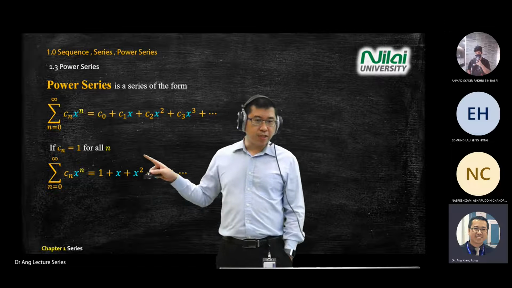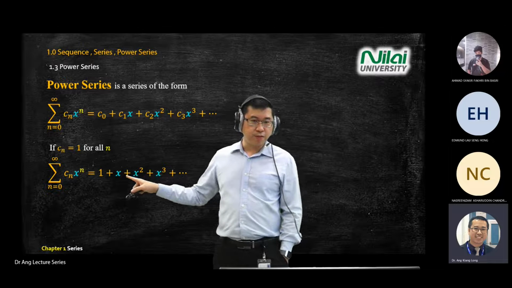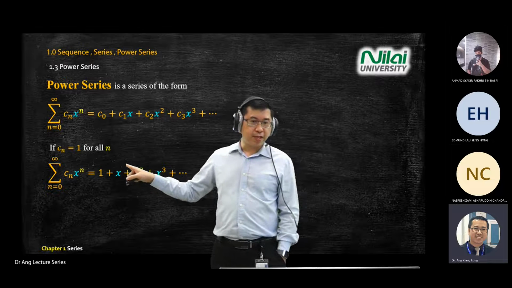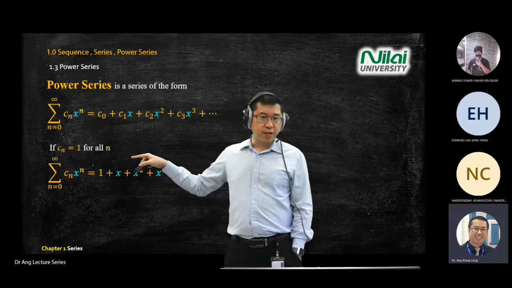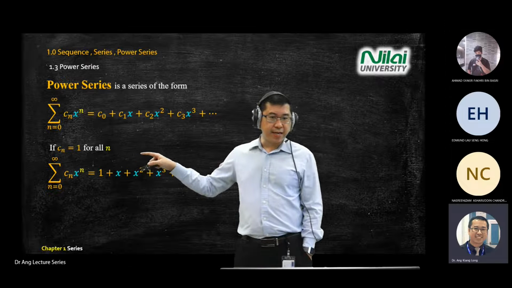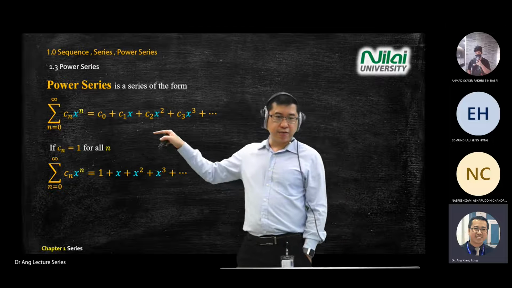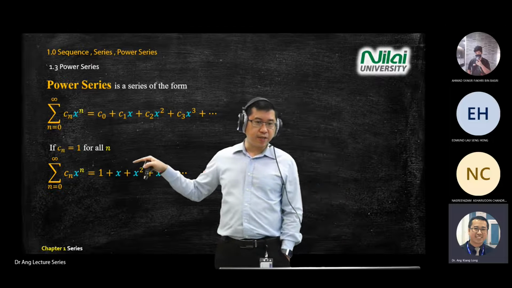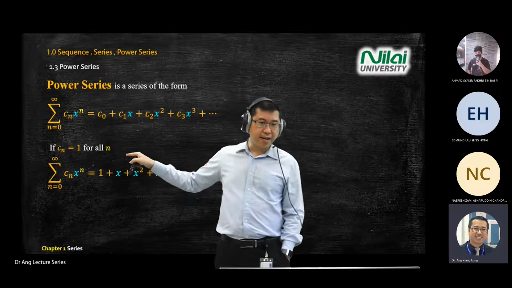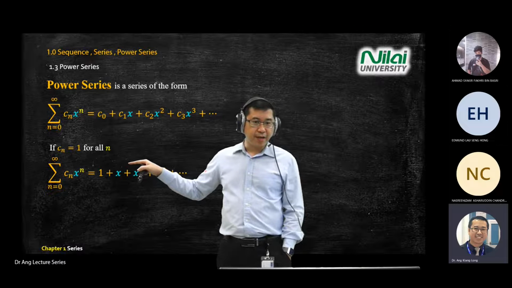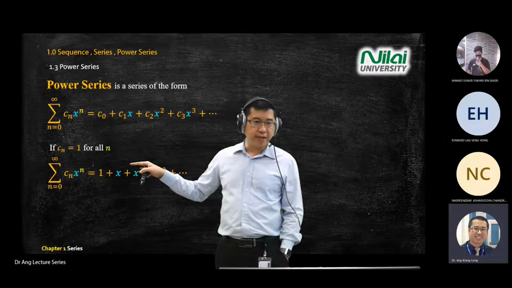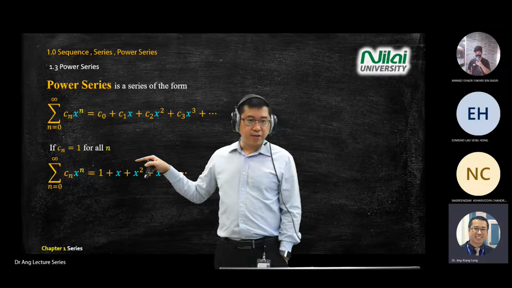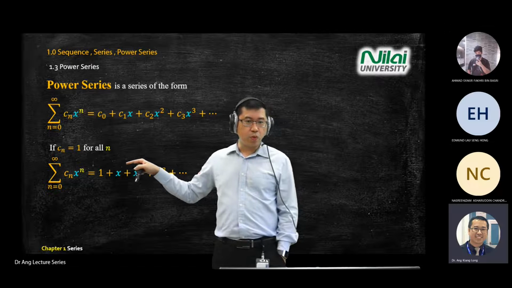It means that your Cn is 1, and then you start with the first one. How do you calculate the first number? You use the equation of C sub n x power n, and then you replace the yellow color n in the equation, just on the top of the x. You replace the n with 1.